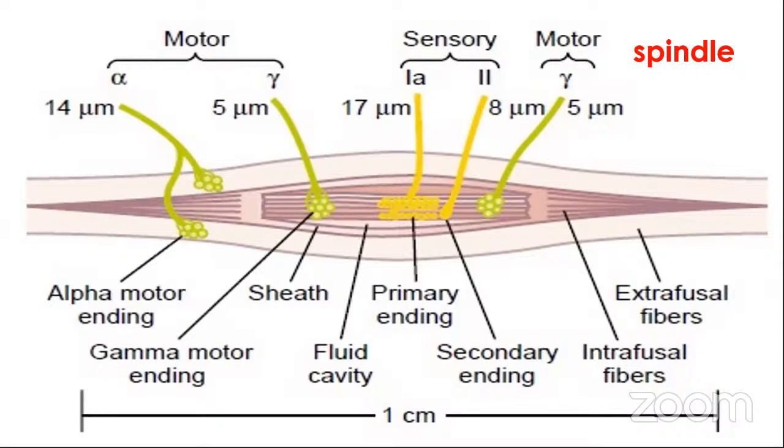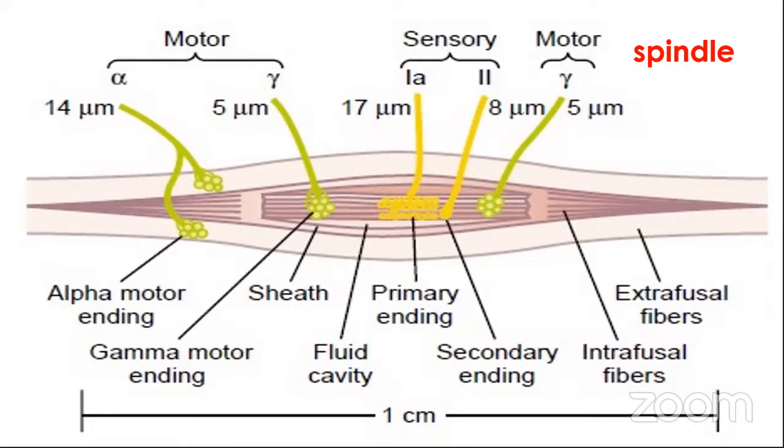Now coming to the motor innervation, it is by alpha and gamma motor neurons. The non-contractile middle of the muscle spindle is supplied by gamma motor neurons. They are 5 micrometers in diameter. The alpha motor neurons innervate the extrafusal muscle fibers.